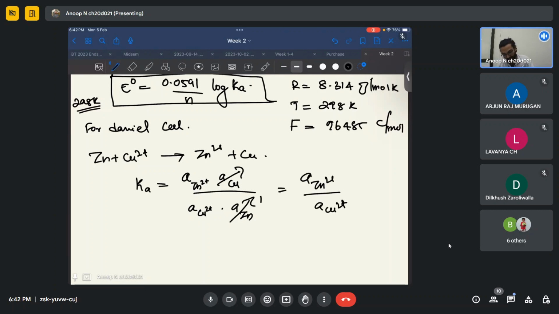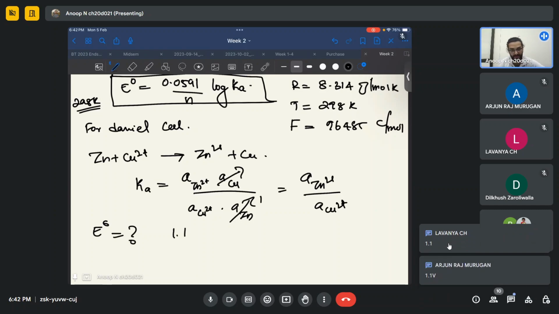What is the standard potential for a Daniel cell? E0 equal to what? What is the E0 value for the Daniel cell? It is 1.1 volt. How is it coming?